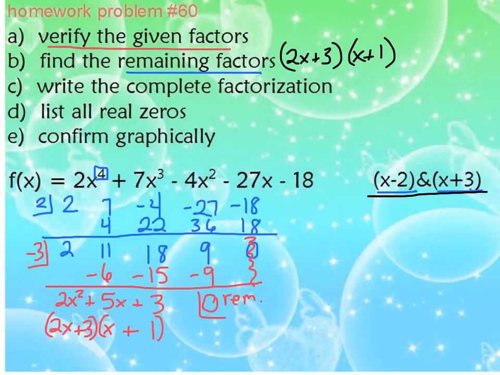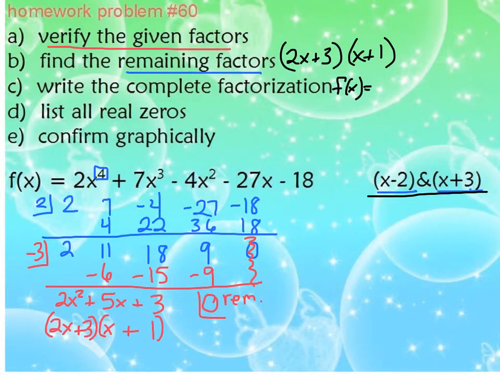Okay, what I really like though is this complete factorization. What I've got now is this quartic that I started with. It's at x to the 4th, so I should have 4 factors, or 4 zeros, and I've got all 4. So I can write this. So this is something that the book would give me, and then this is something that you would have had on your packet that we were graphing.